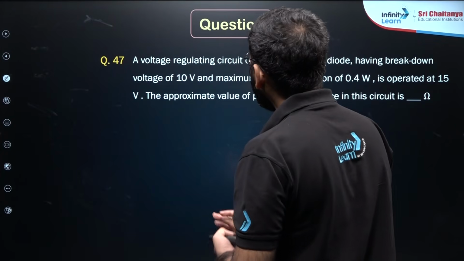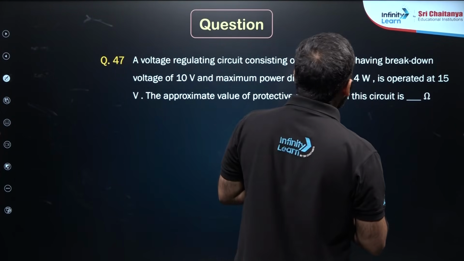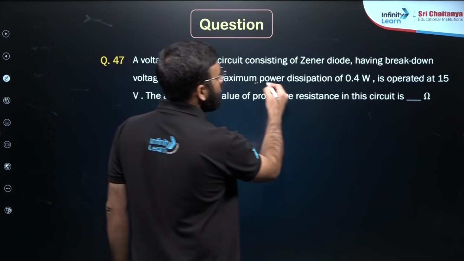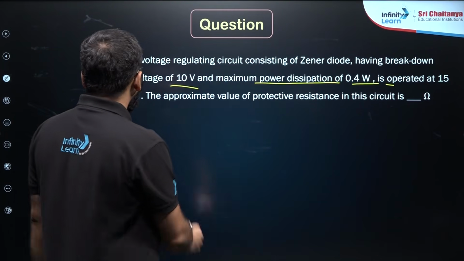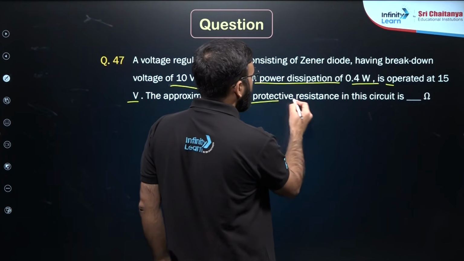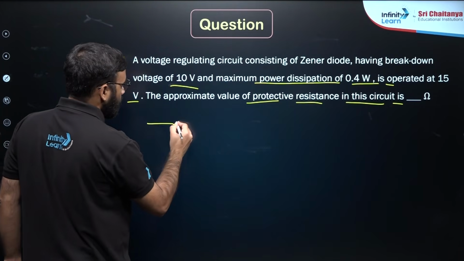Okay, next one. The voltage regulation circuit considers a Zener diode having breakdown voltage 10 volt, and the maximum power dissipated is 0.4 watt, operating at 15 volt. Find the approximate value of the protective resistor in the circuit. First I will draw the circuit diagram.